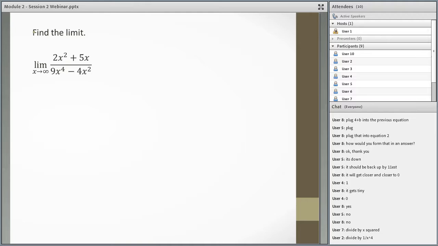So the largest term in the denominator, good, is an x to the fourth. So I'm going to divide each term by an x to the fourth. So I always want to choose the largest term in the denominator.